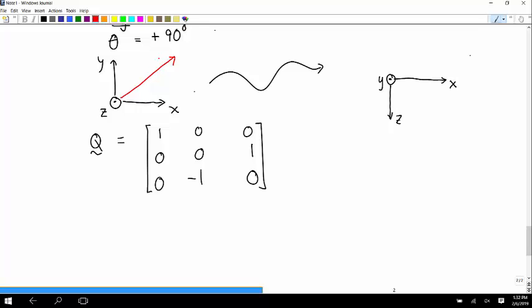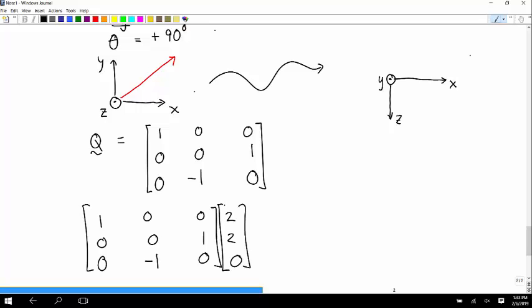Let's say that vector in our original coordinate system is 1, 1, 0. Okay, so now the matrix 1, 0, 0; 0, 0, 1; 0, negative 1, 0 times, well, let's say it's 2, 2, 0. It doesn't have to be all ones or anything.